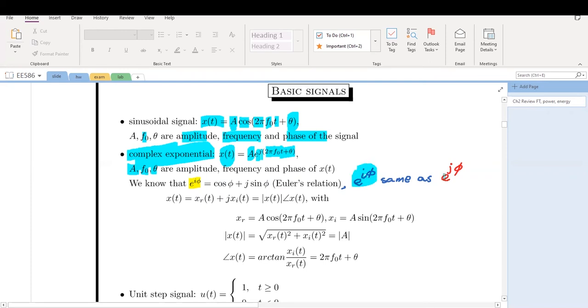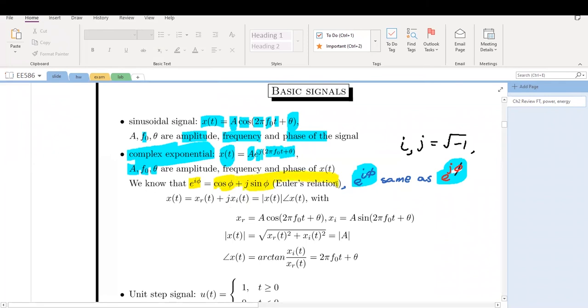These two notations are the same because i and j both equal the square root of minus 1. Then Euler's formula tells us that e to the power j phi equals cosine phi plus j sine phi.